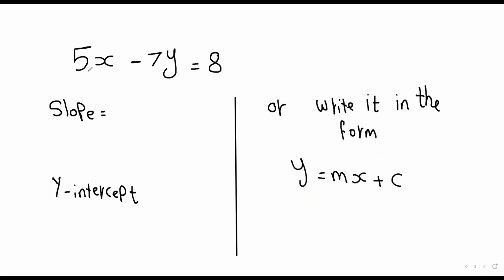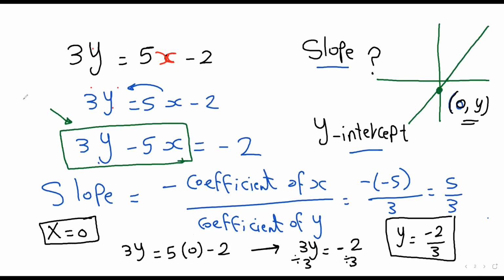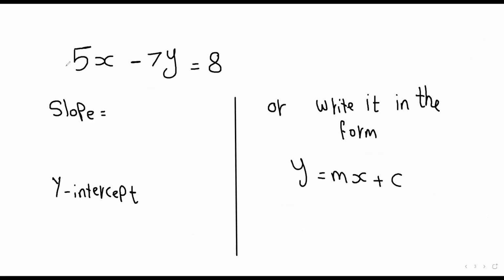What is the slope of this line in this equation? The slope is 5 over 7. We can find it directly because the x term and the y term are on one side.